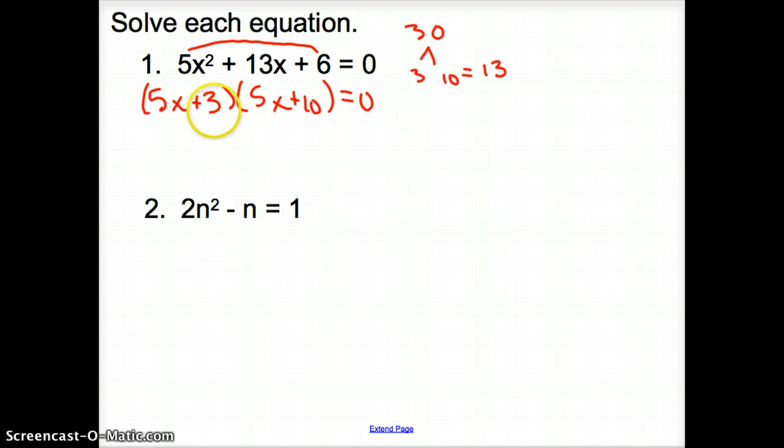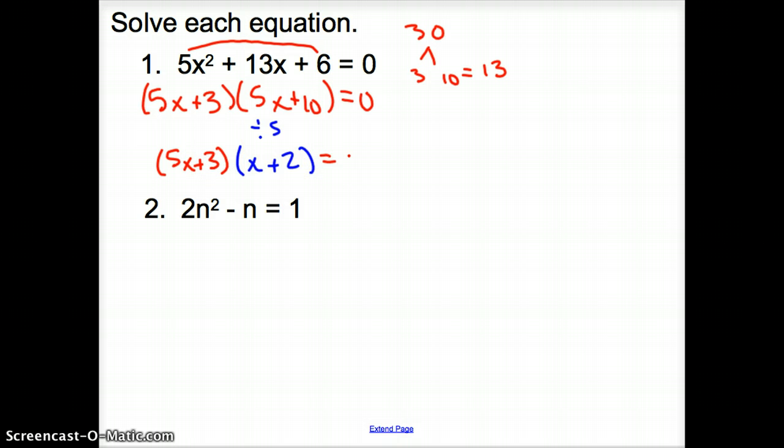Well, can I take a 5 out here? No. Well, can I take it out here? Yes, 5 goes into 5 and 10. So I'm going to divide out a 5 out of this guy to come up with x plus 2. And then my other guy stays the same. So it's going to be 5x plus 3.